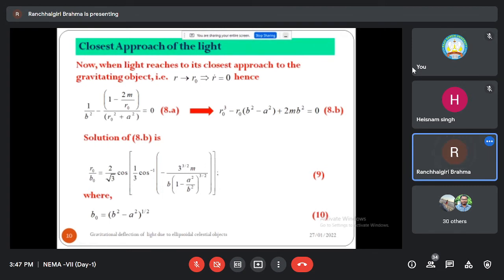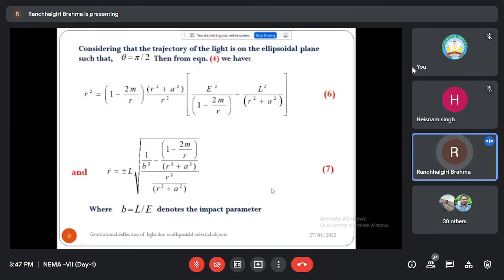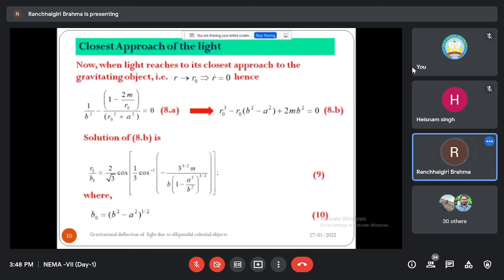And now we obtain equation 7 by simplifying equation 6, where b represents the impact parameter. From this, we now consider the special case when the light is approaching the gravitating object and reaches its closest approach, denoted by r naught.